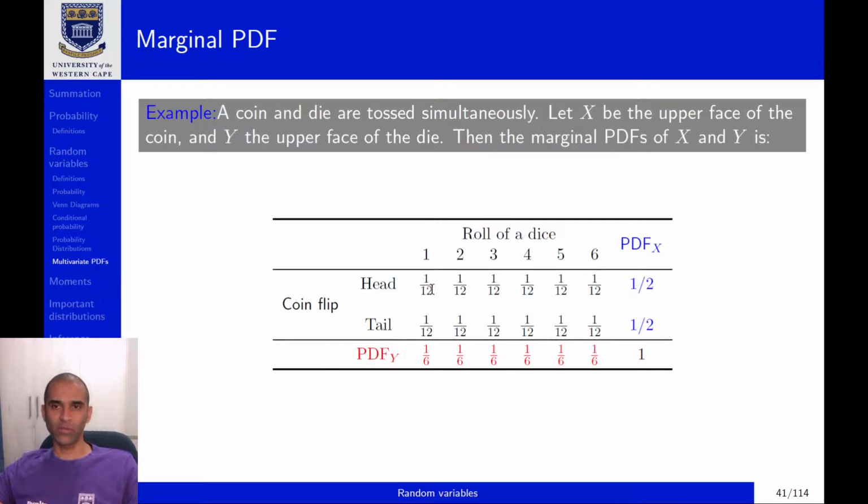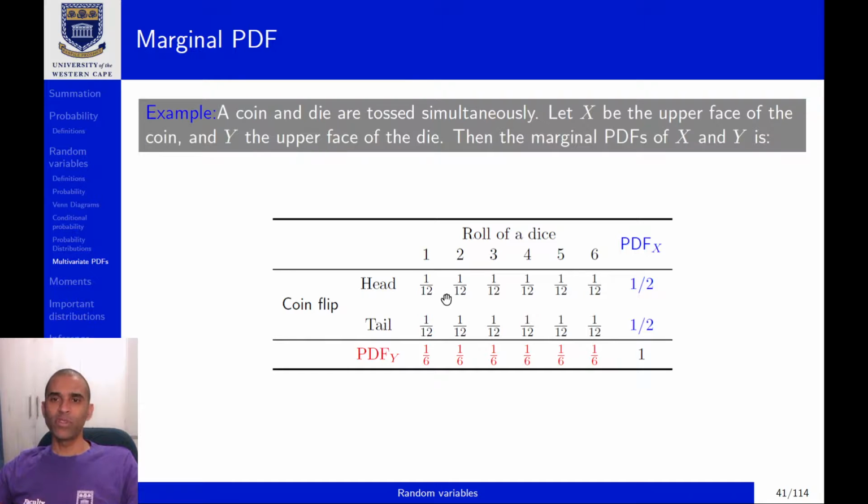So we have to sum 1 over 12 plus 1 over 12, etc., and we get to a half for heads. We do the same thing with tails. 1 over 12 plus 1 over 12, summed for the 6 values of y, and again we end up with a half. And then this is the marginal PDF of x. Again, it is simply the probability distribution of x, where x is observing the upper face of a coin.